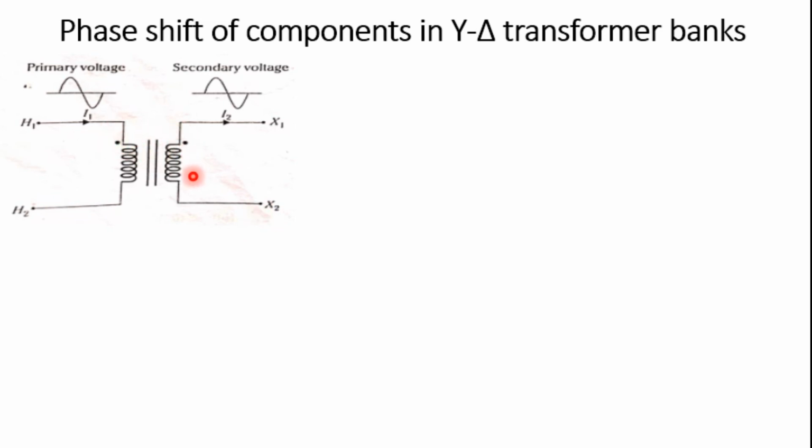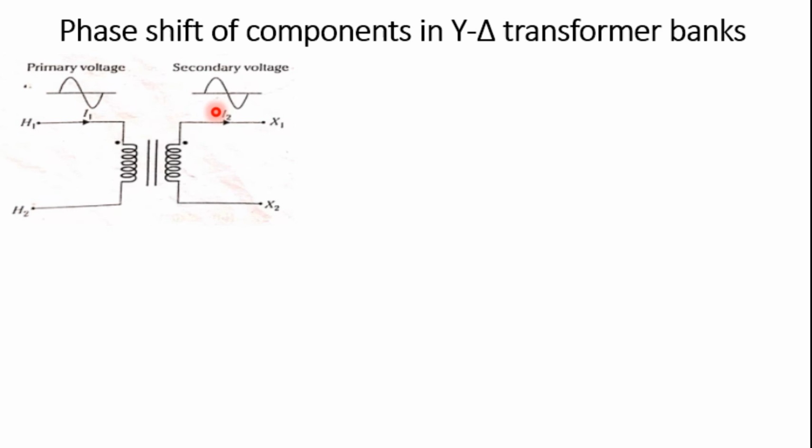In opposite polarity, the dot will be placed on the other side. That is nothing but the direction of current I2 is reversed while the direction of I1 remains the same. In that case, I2 will be 180 degrees out of phase with respect to I1, or it may be in phase. If so, there is no phase shift.